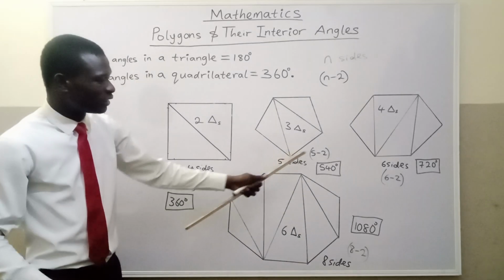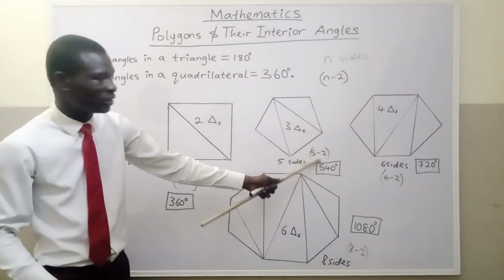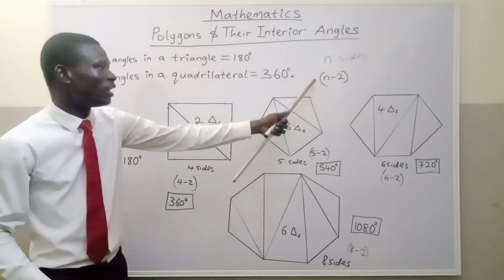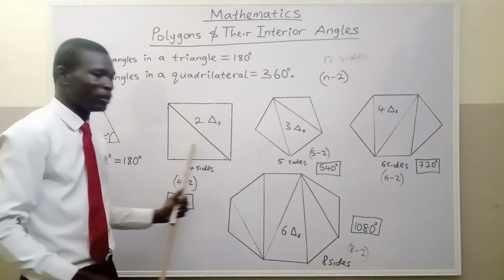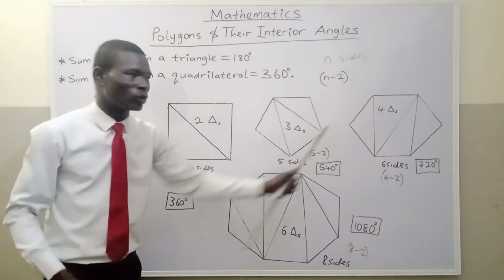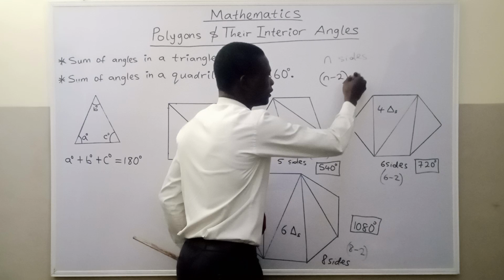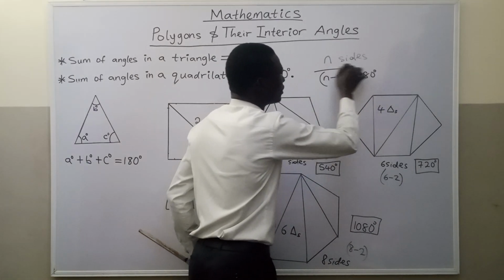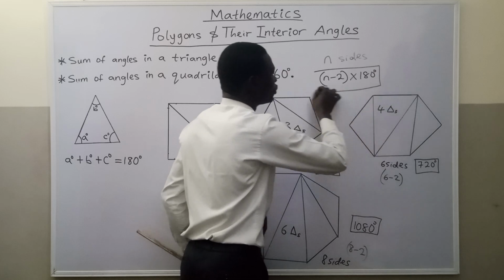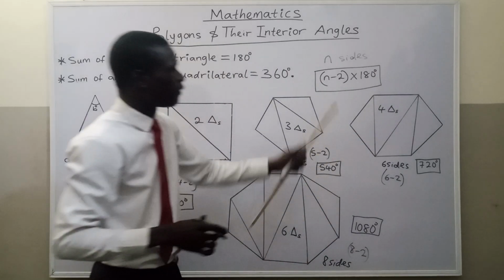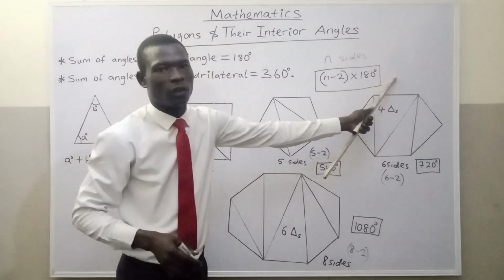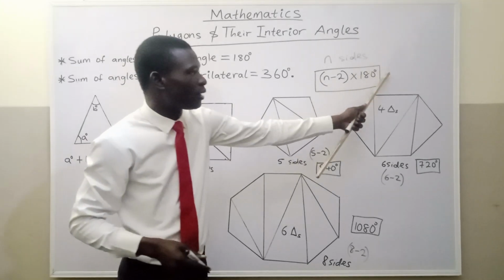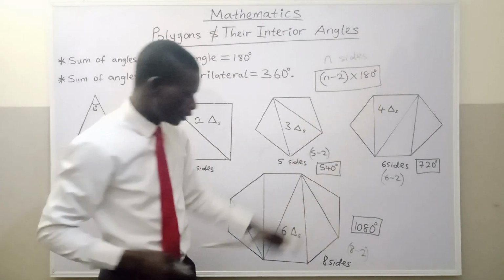Now, what if it is n sides? Of course, I haven't taken away your 2, which is 2 triangles less than the number of sides. What were we doing to get this one? We just need to multiply it by 180 degrees. And that gives us the formula for the sum of interior angles of an n-sided polygon.